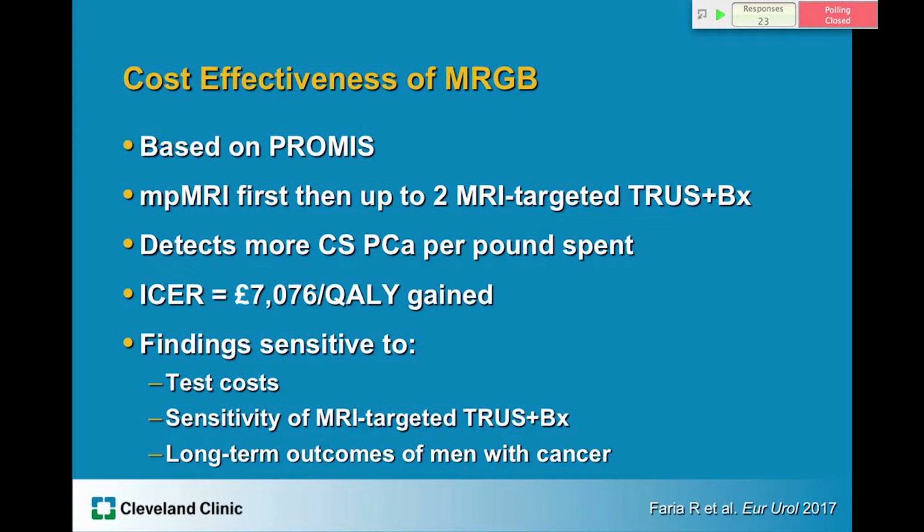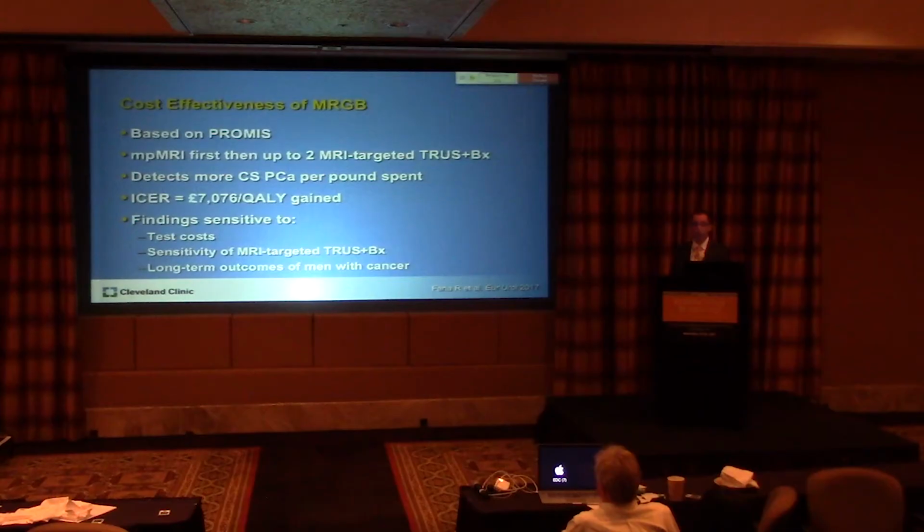And what they found is a multiparametric MRI performed first before initial biopsy, followed by up to 2 MR-targeted transrectal ultrasound-guided biopsies was the most cost-effective and detected more clinically significant prostate cancers per pound spent, with an incremental cost-effectiveness ratio of 7,000 pounds per quality-adjusted life year, which by any standard is quite reasonable.